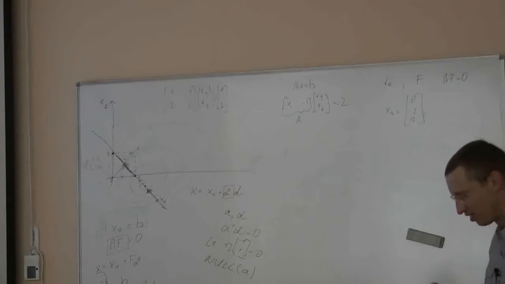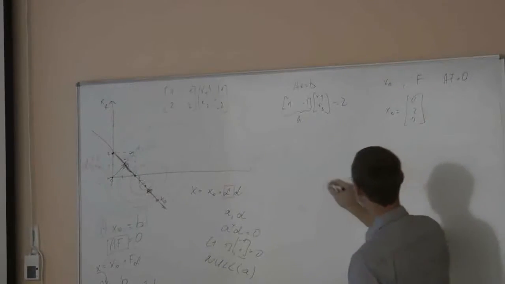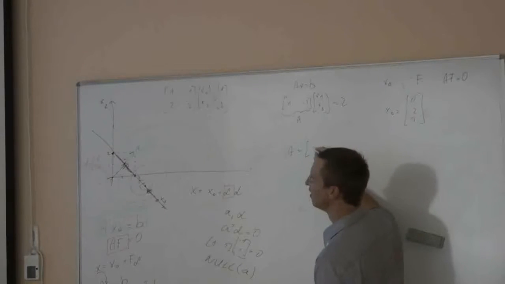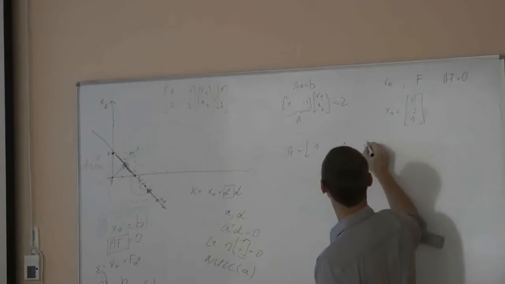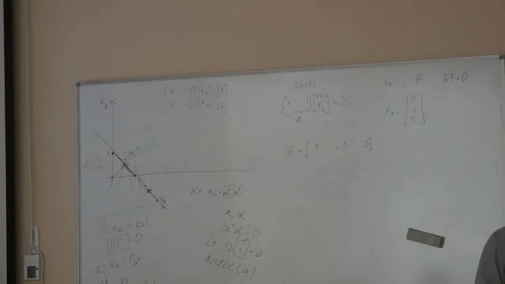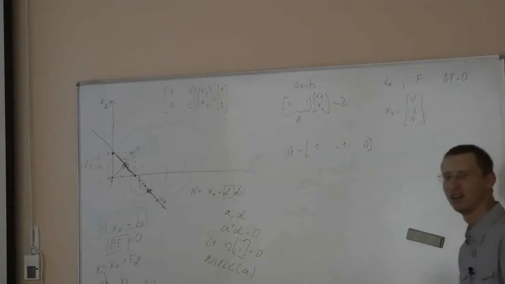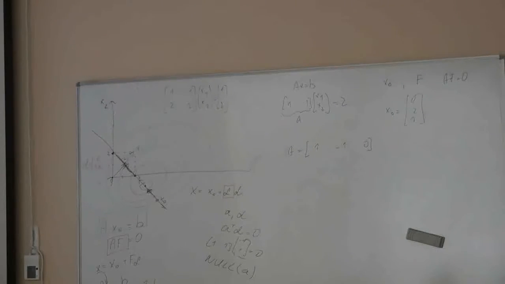Now comes the tricky part. Give me the vectors which are orthogonal to the constraint. The constraint is 1, minus 1, 0. We are looking for vectors whose dot product with the A matrix is equal to 0. What would you use as a null space here?